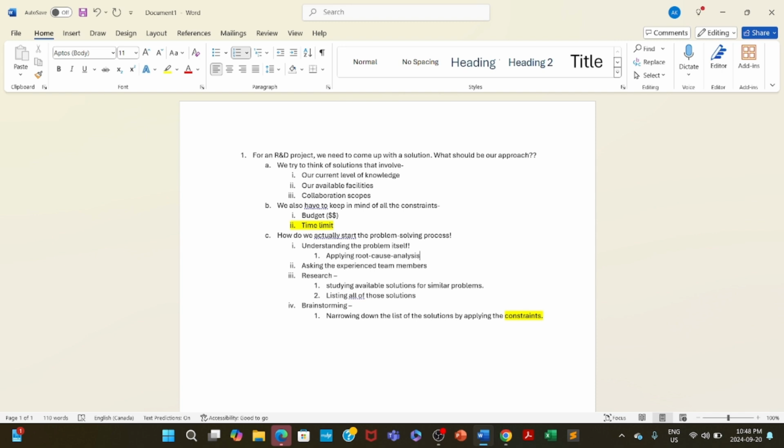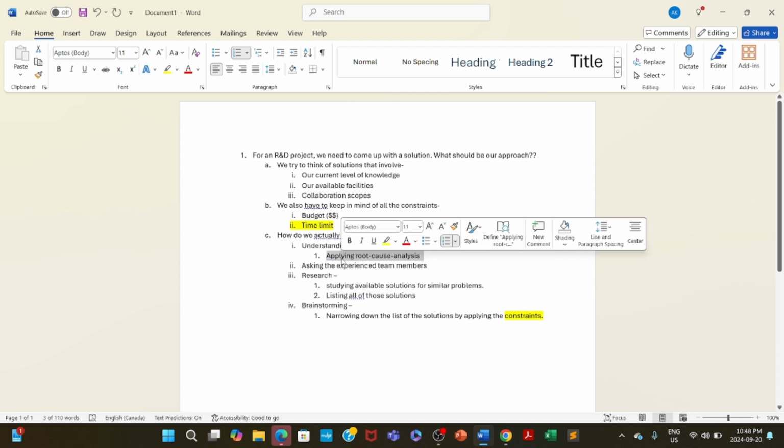Sometimes we have a problem that is actually explained to us. Say you have a problem that was investigated before, and it's well understood. Many times it's actually unknown. You know that something is happening, but you don't understand the problem itself, and then you have to perform root cause analysis, which is a very familiar topic from Six Sigma.